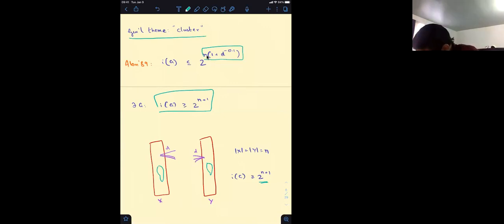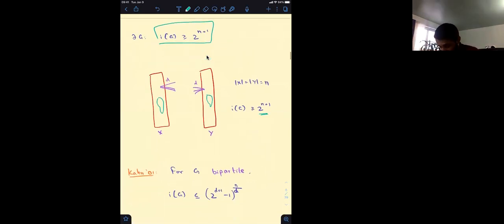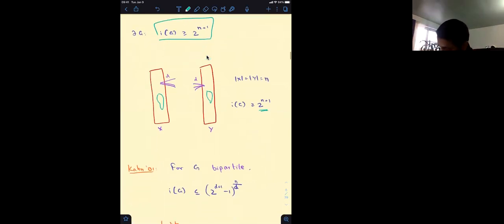This was improved around 10 years later by Kahn, who showed that for a bipartite graph, the number of independent sets is at most this quantity, (2 to the d plus 1 minus 1) raised to n over d. Again, this is d-regular with 2n vertices. So where does such a number come from?